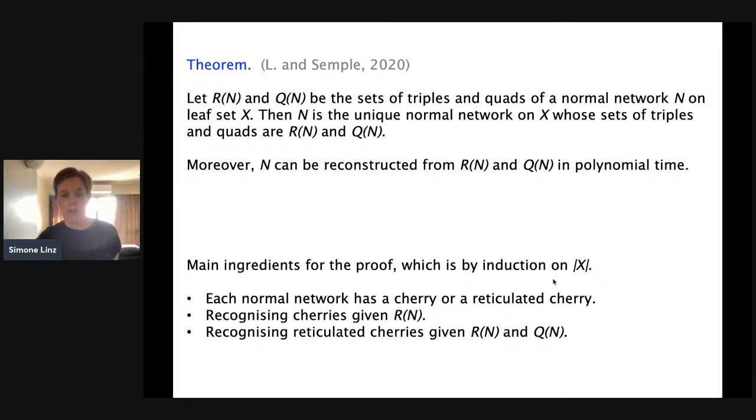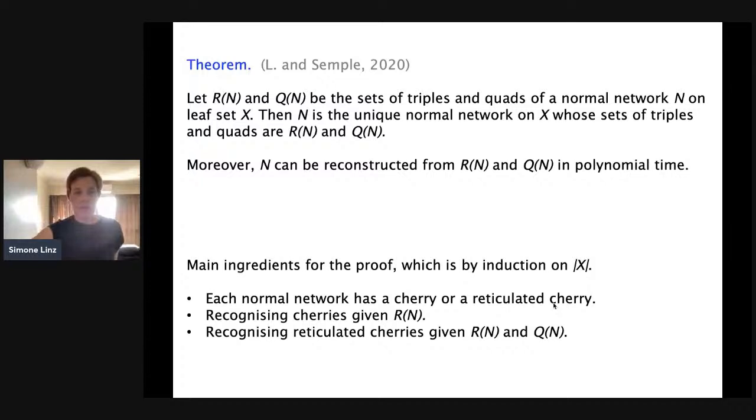So just looking at cherries doesn't work. And that's why we have to find something that's called a reticulated cherry. Again, it's a subgraph that is close to the bottom of the network and that we can do some operations on. I'll talk a little bit more about this soon. So we need basically cherries and reticulated cherries to get the induction going.